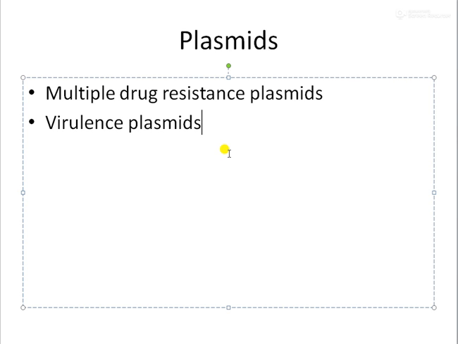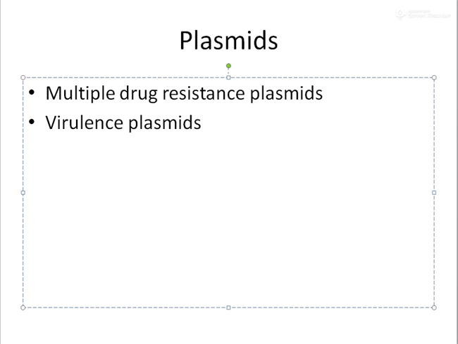Every different organism would have a different name for the plasmid which causes its virulence, so I am not going into the details of that. But in addition to these virulence plasmids, we could also find that multiple drug resistance encoding plasmids occur in pathogens, and that could lead to the virulence of the organism.